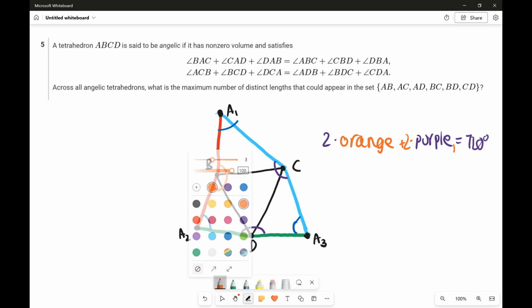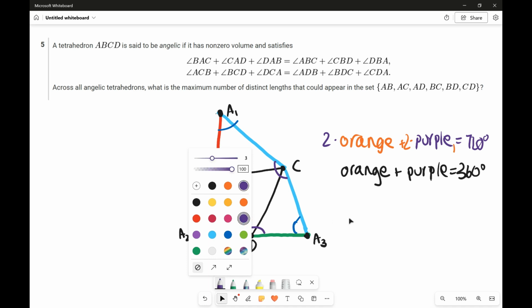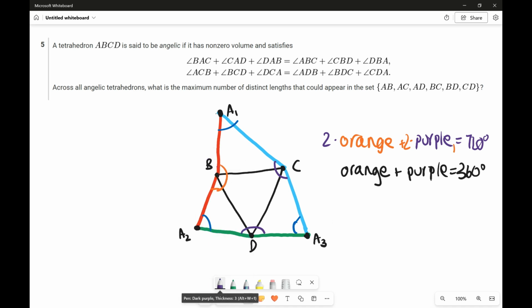So therefore, we know that orange plus purple is equal to 360 degrees. And what this means is that this angle here, the exterior angle, is also the purple angle. So now we have our angle conditions, and they are equivalent to the following facts. This angle is equal to this angle is equal to this angle here.